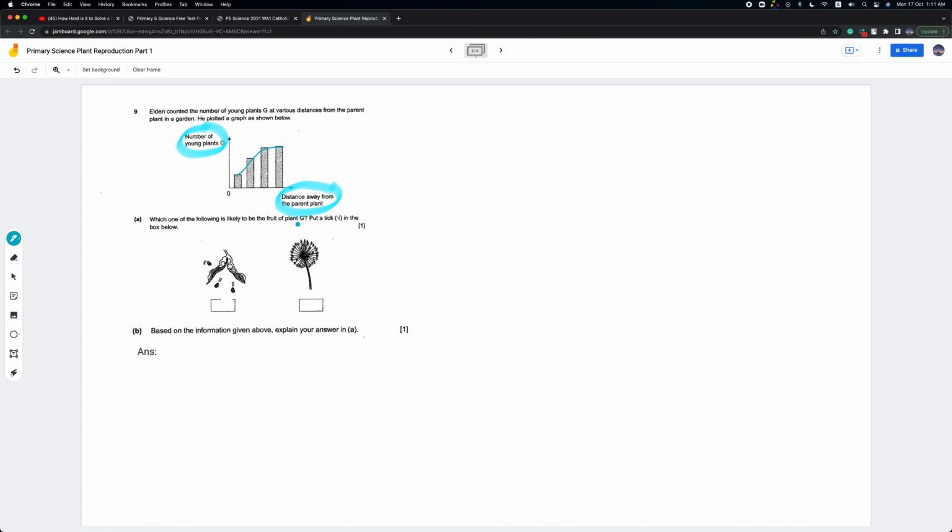Now, this is again based on what you have learned, the patterns of dispersal. By animals, let's say you have a parent plant X here. By animals, it will just scatter anywhere, it doesn't matter. Now, by water, it will just follow the flow of water. It will disperse along the riverbed or the shoreline.